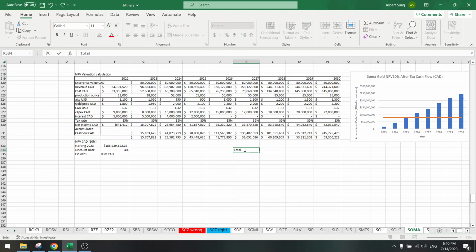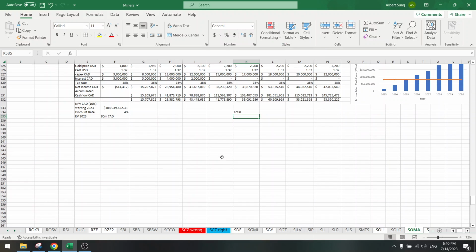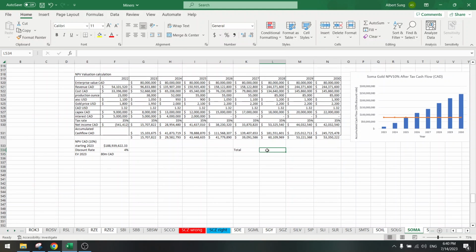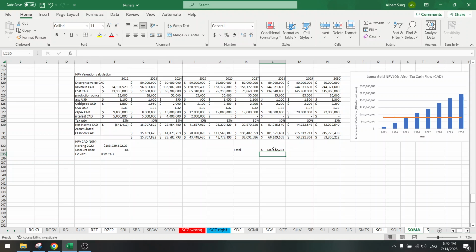And the total is the sum of all these cash flows. So at the end of 2030, I just close the mine. So I will lose my 80 million, of course, because I cannot sell my depleted reserves, depleted mine.